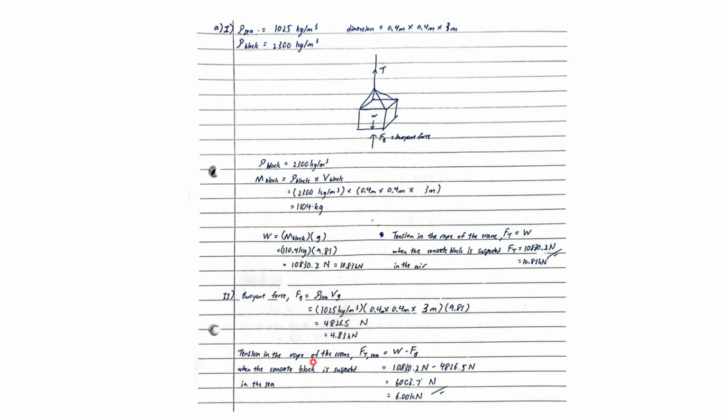For the tension in the rope of the crane when the concrete block is suspended in the sea, or in the water, we find that the tension in the rope equals the weight minus the buoyant force, because the buoyant force is applied in the opposite direction. Then we can get the calculation, the answer, which is the tension in the rope when the block is immersed in the water.